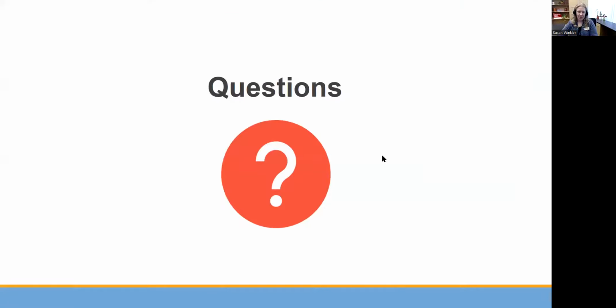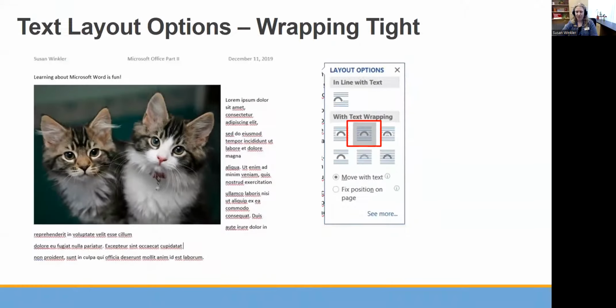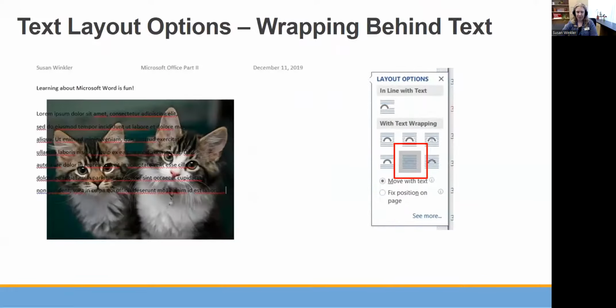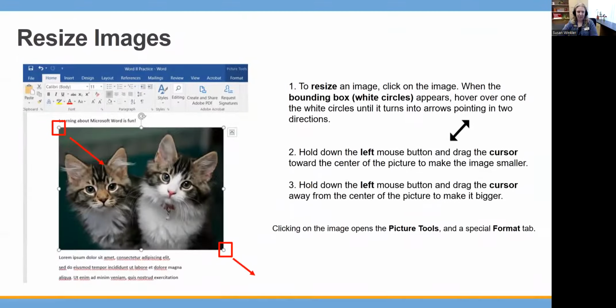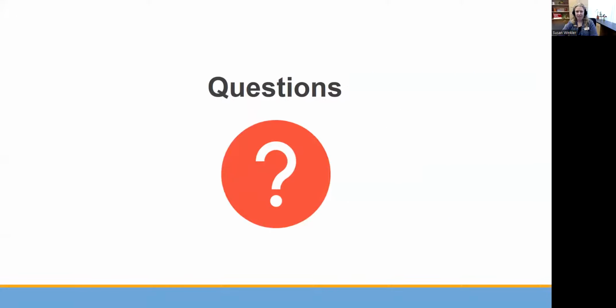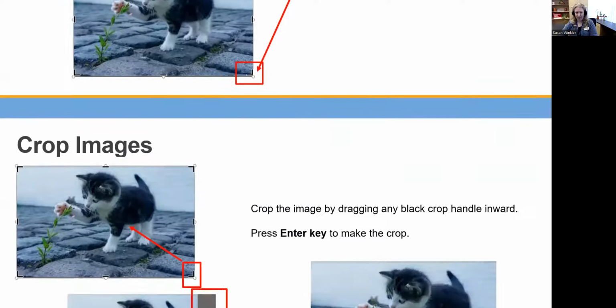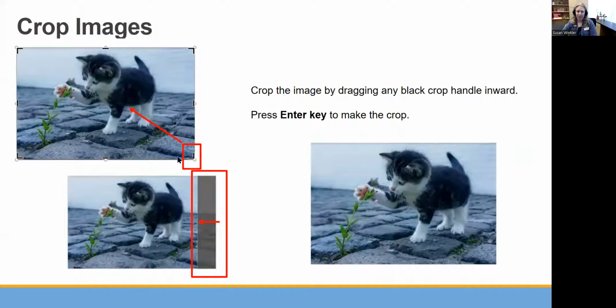So in the handout, we walk through the basics of where everything is, just what we covered in our live demo, and how to pick the bounding box circles to resize, and to format and crop. And I do honestly prefer cropping this way, where I just have what I call the black crop handles, rather than trying to do it with the XY axis stuff.